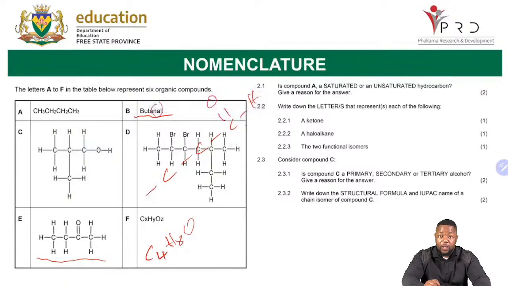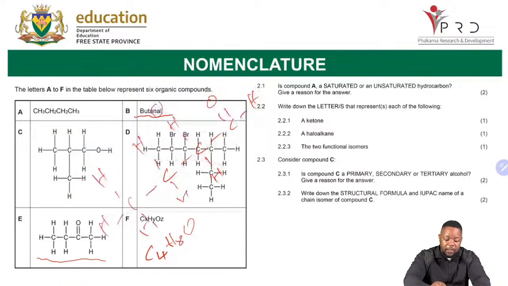The aldehyde will have the formyl group at the end, and the but tells us that there must be 4 carbons. How many carbons are there? 1, 2, 3. Then I put the 4th one. Then the rest now will be the hydrogens.